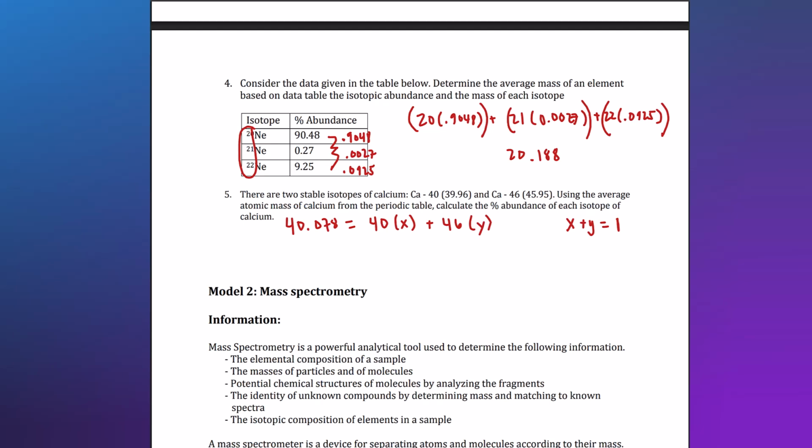And so if we solve for X, we can use the substitution method. We have X equals 1 minus Y. So now we're going to plug in 1 minus Y for X, and we should be able to solve that. 40.078 equals 40 times 1 minus Y plus 46Y.